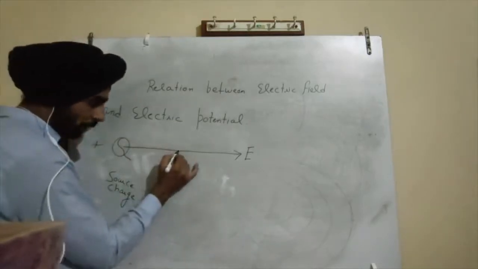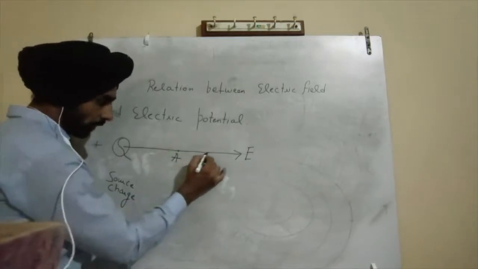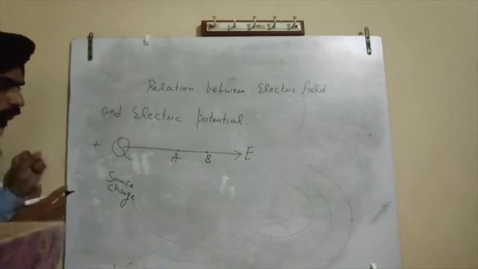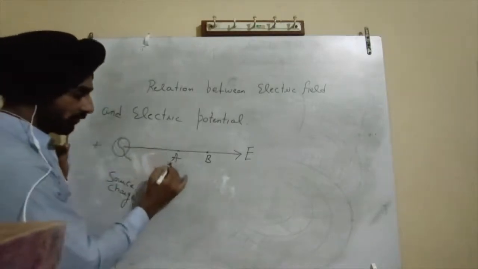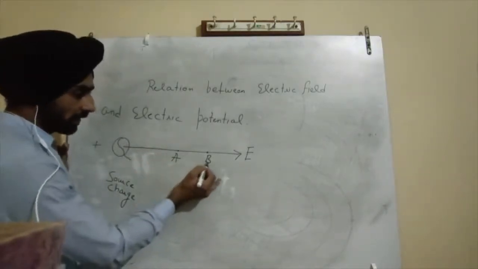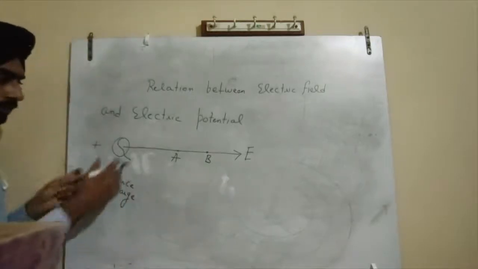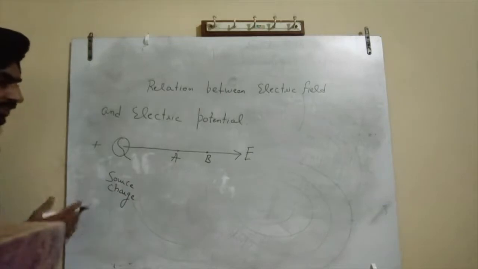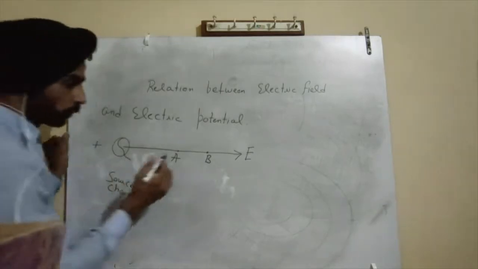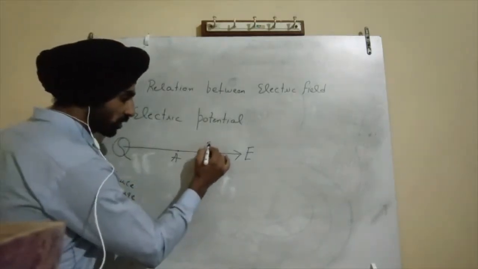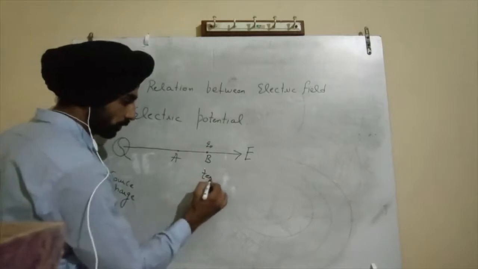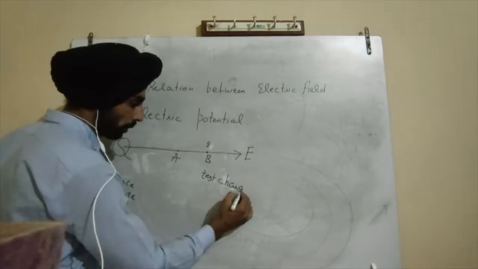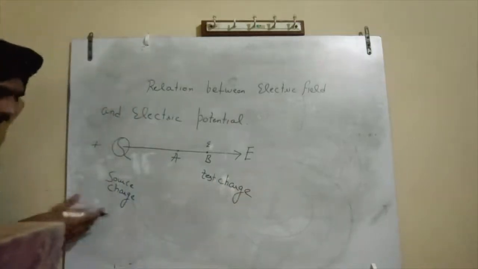Suppose we are having a point A here and a point B here. You know that the electric field at A will be different and the electric field at B will be different, because the distance is different. A is near, B is far away. So this is very much clear. Suppose I have placed a test charge Q. So first of all, take these suppositions.